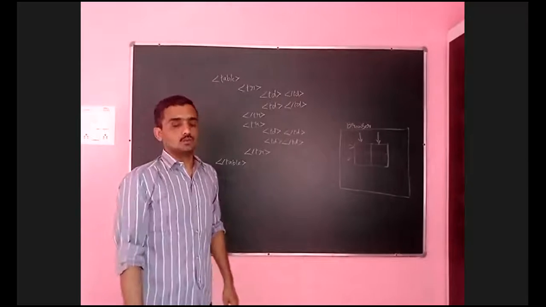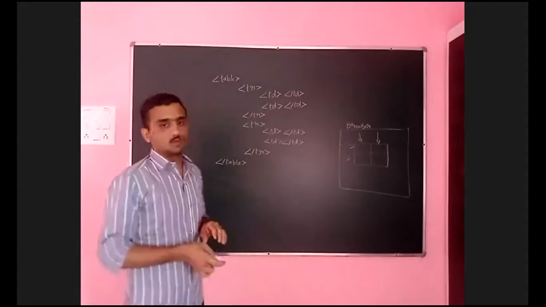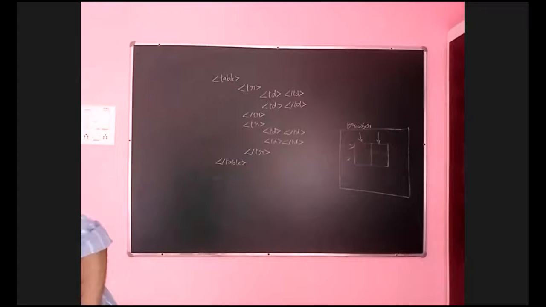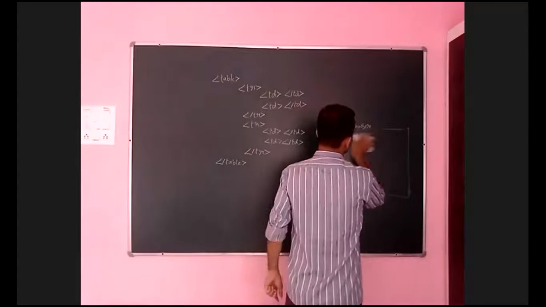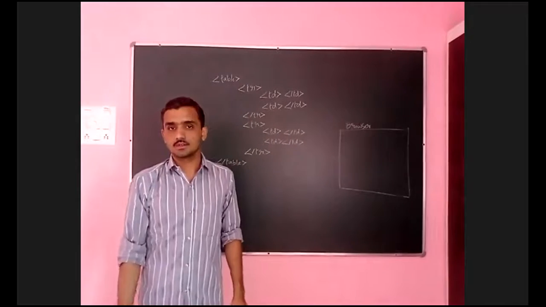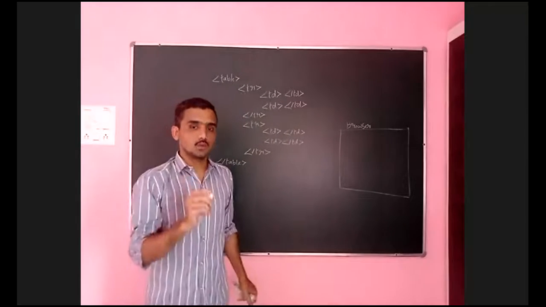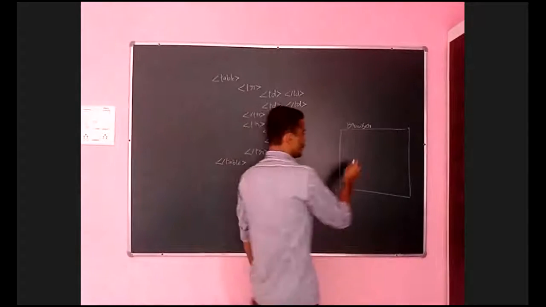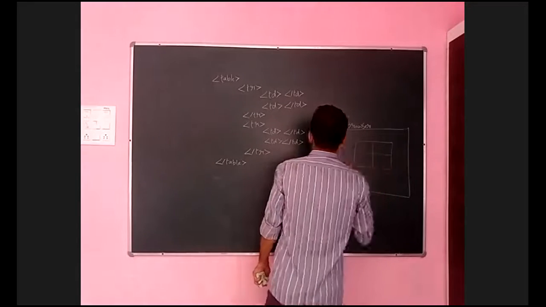And one more thing in this table tag is, if you write only this much, the table will be designed without borders, like this, without borders. Now, if I want borders for each row and column, that means it should look like a table, what we should do is, there is one attribute.